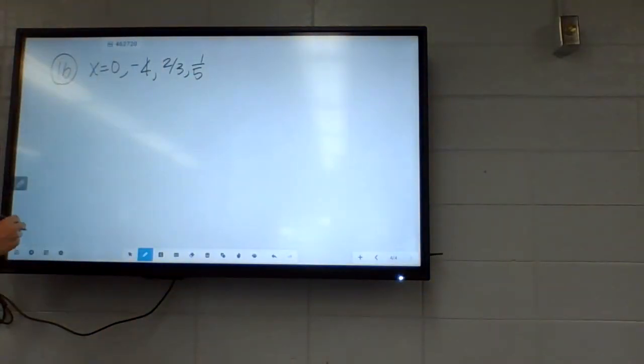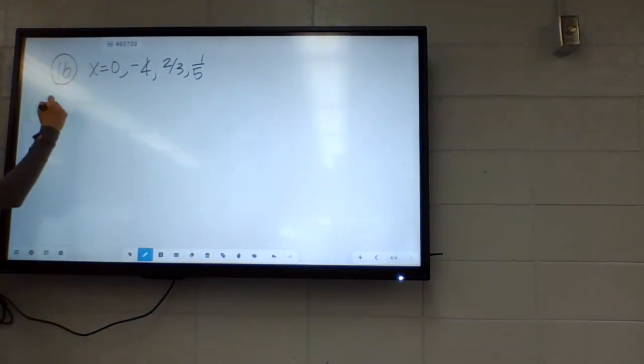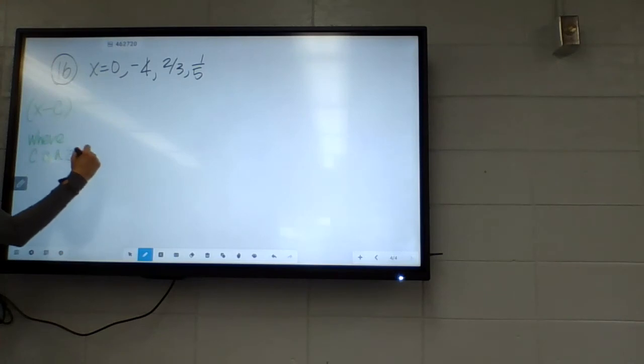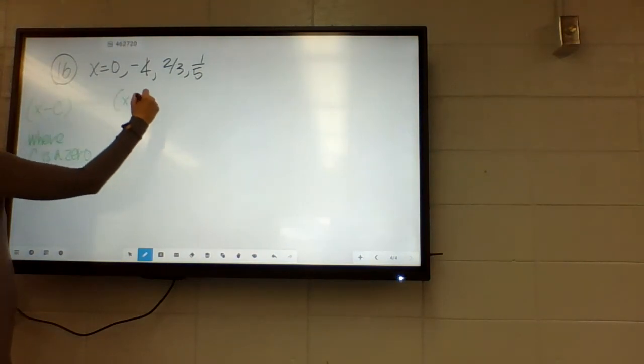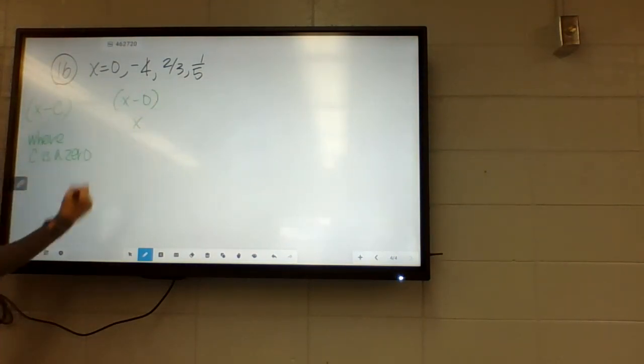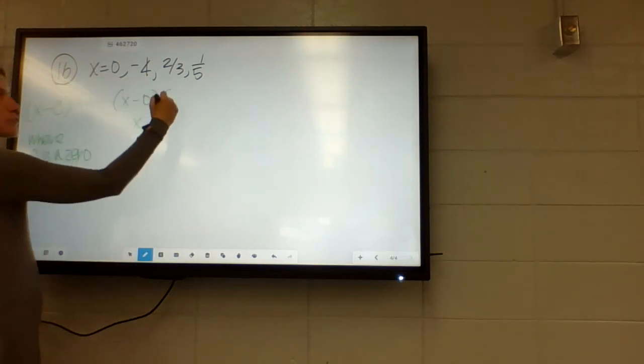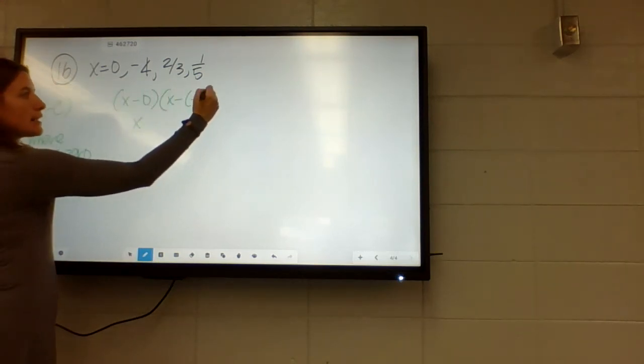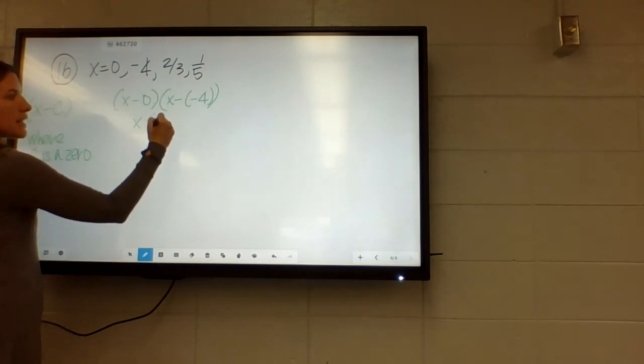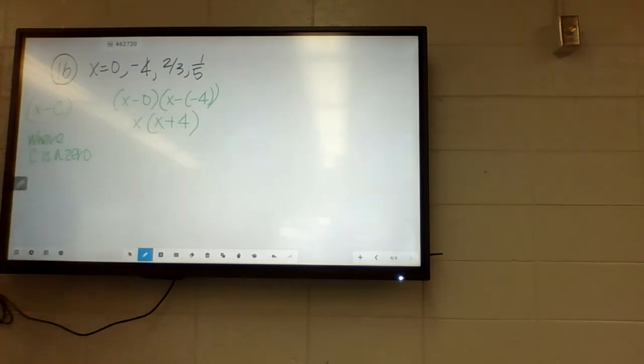If these are the zeros, we write the factors as x minus whatever that is. So our first factor would be x minus 0, so I just write that as x. My second factor would be x minus a -4, so I'd write that as x plus 4.